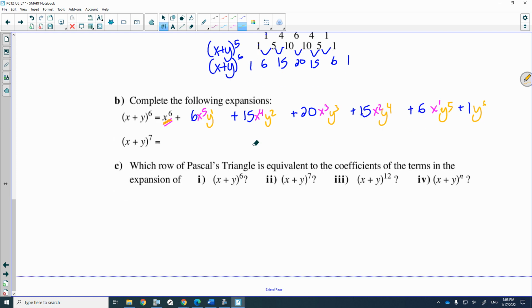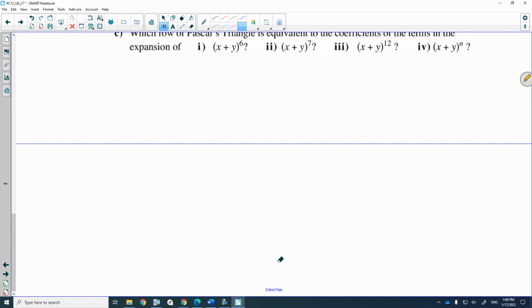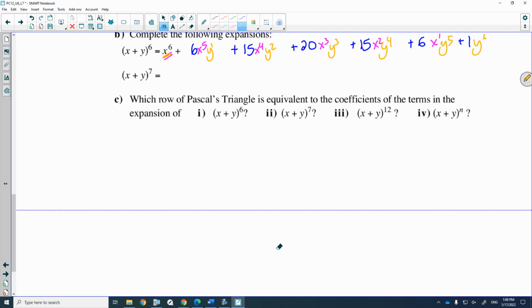Okay, this one. Which row of Pascal's triangle is equivalent to the coefficients of the terms in the expansion of? Okay, so what we're going to jot down for this is as follows. If we have x plus y to the power of 0, that's actually going to be row 1, right? And then our second row was x plus y to the power of 1. That would be row 2.